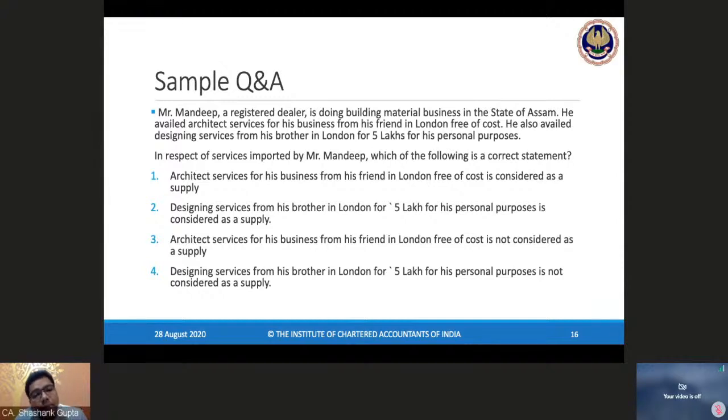First statement, architect services for his business from his friend in London free of cost is considered as a supply. What have we studied regarding import of service without consideration?